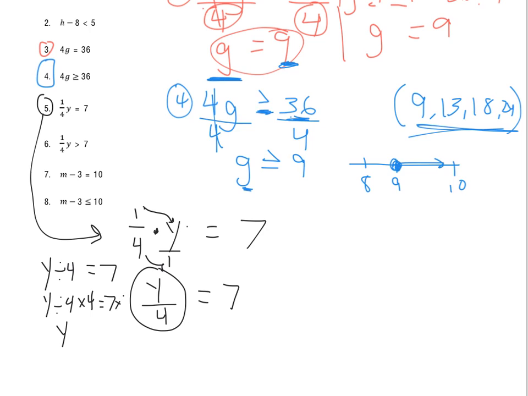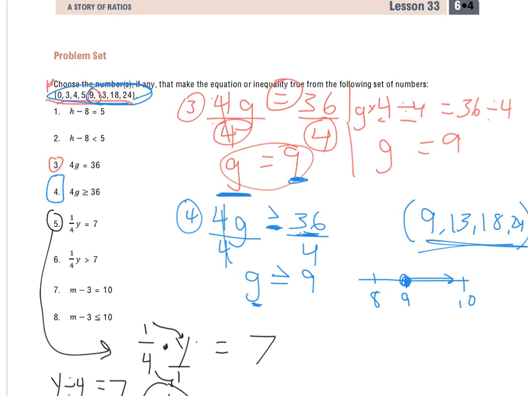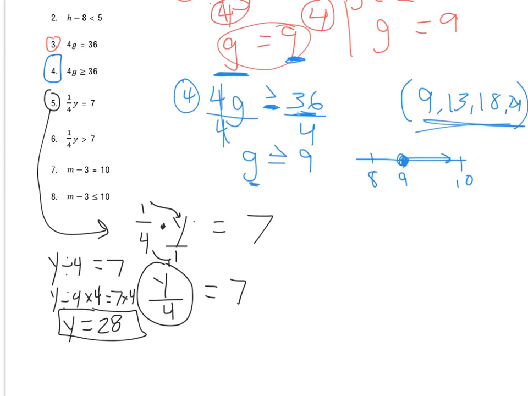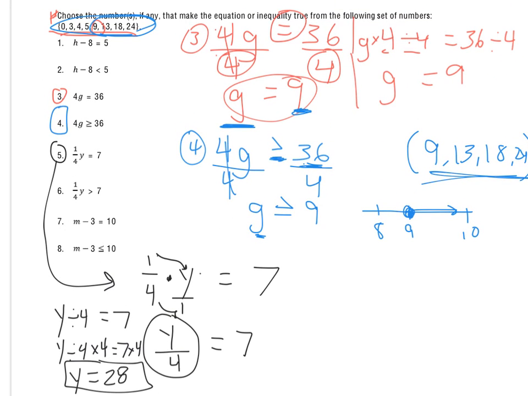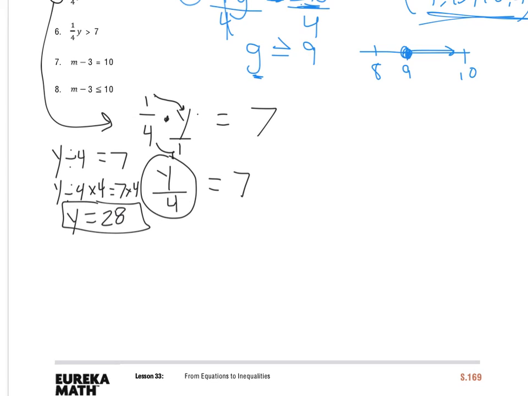And what I do to one side of the equation, I have to do to the other to keep it balanced or equivalent. So y is going to equal 28 when I do my 7 times 4. That's one way I could solve this out. And if it is 28, I know that choose the numbers, if any, that make the equation or inequality true. Well, none of them are going to make it true because 28 is not up in my set. So none of those numbers are going to make it true.